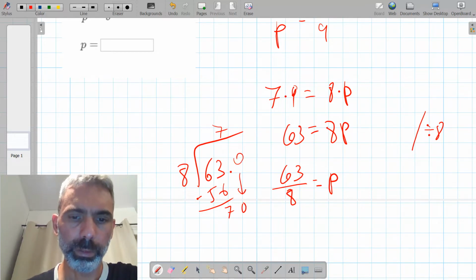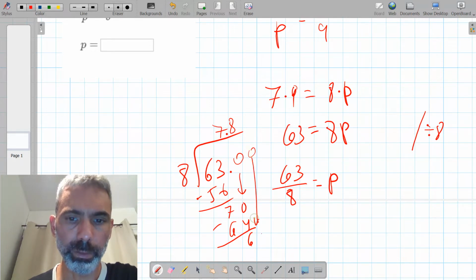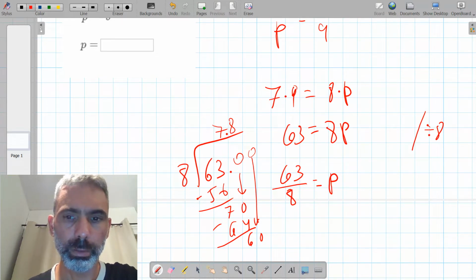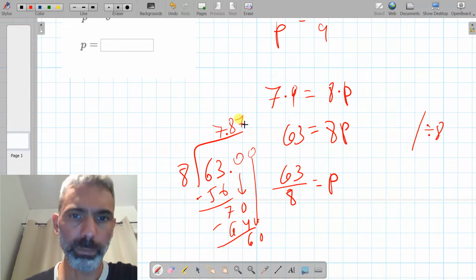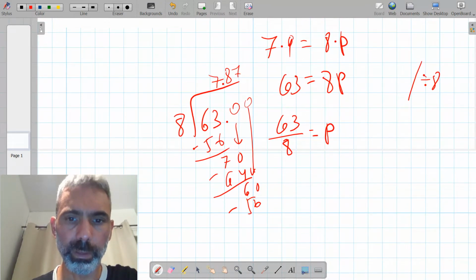Bring down the 0. 8 goes into 70 8 times. 8 times 8 is 64. The difference is 6. Bring down a 0. 8 goes into 60 7 times. 7 times 8 is 56.